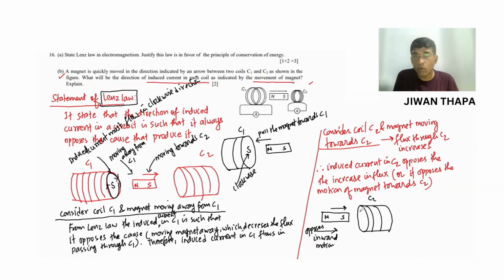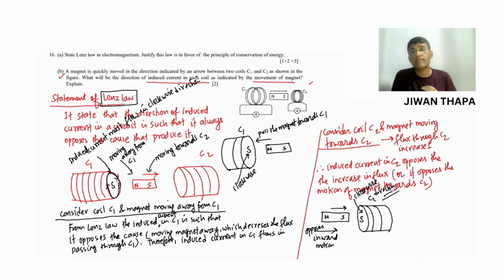So in order to oppose this, the face of C2 towards the magnet must behave as a south pole. If this face behaves as a south pole, then the induced current in this face must flow in the clockwise direction.